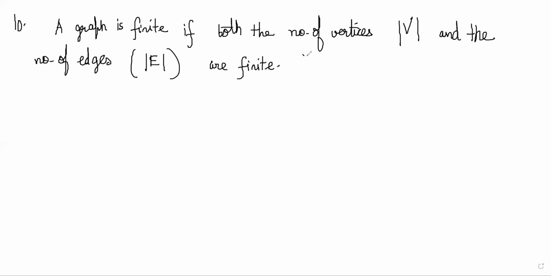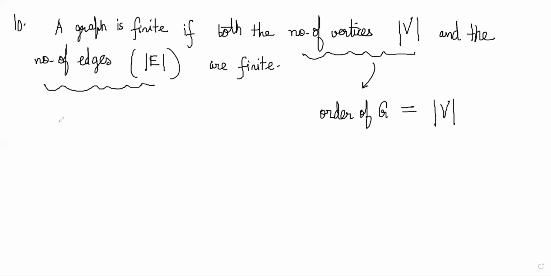So the number of vertices in a graph is often called order of a graph. Order of G is equal to basically mod V. And number of edges of a graph is often called size of a graph. Size of a graph G is basically mod E. So a graph is called finite if both order and size are finite, right?